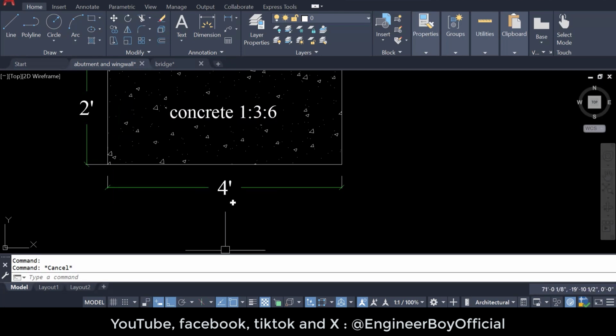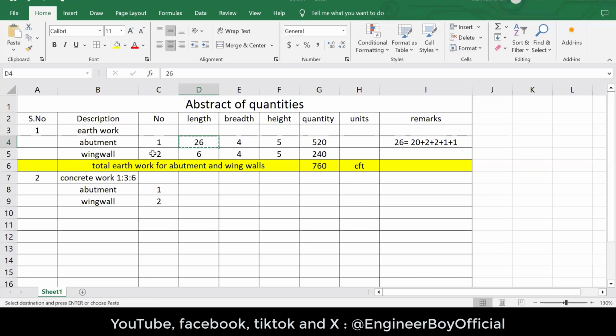This is the reason I'm gonna say that the length of the abutment for earthwork is the same as the length of the abutment for concrete work. Okay, and this is the same for the wing walls. Now next, the width or breadth is the same thing. In PCC you can see that it's gonna be 4.